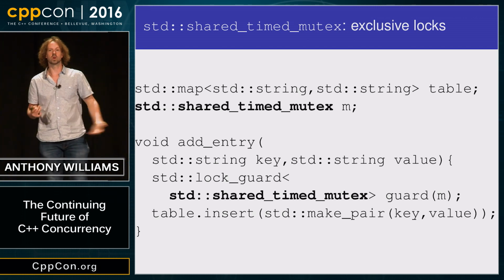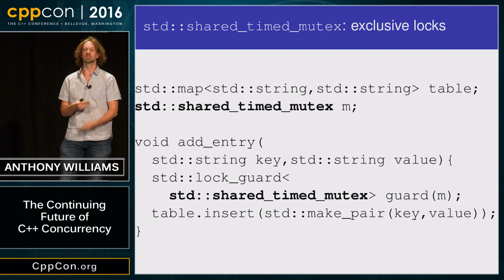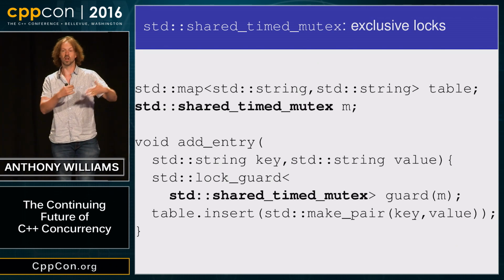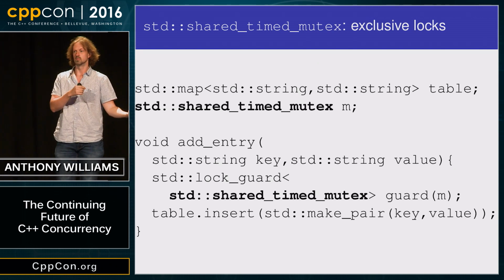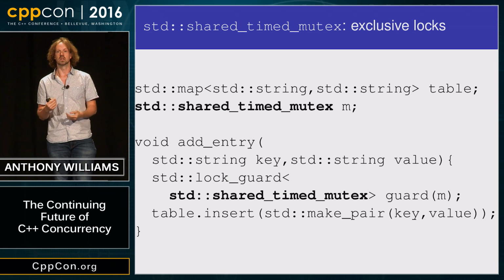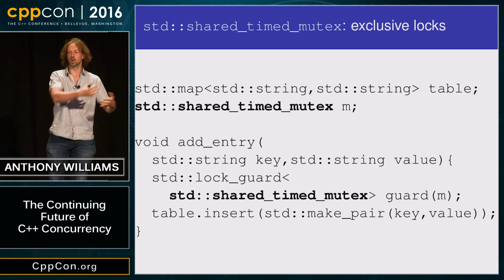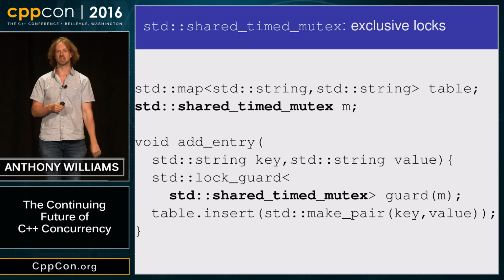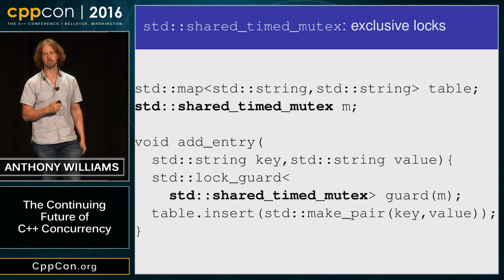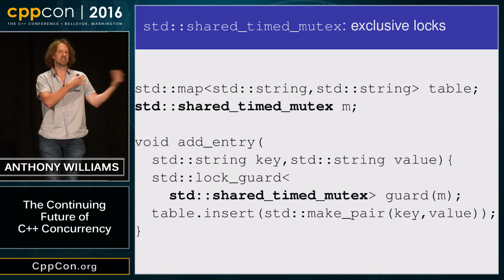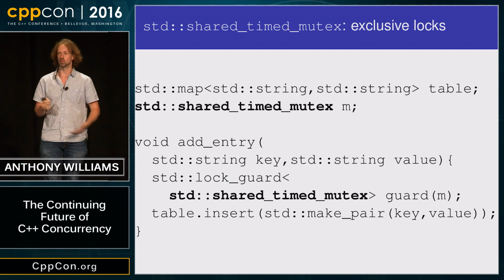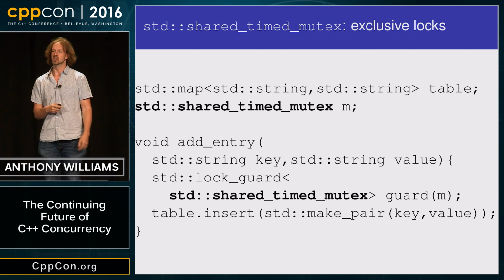Once the exclusive lock is acquired, it will wait until any current readers have released their shared locks before you proceed, and then no new readers can acquire shared locks whilst the exclusive lock is held. So our adding of an entry to the table is perfectly safe. We don't have to worry about the concurrent readers on that table.